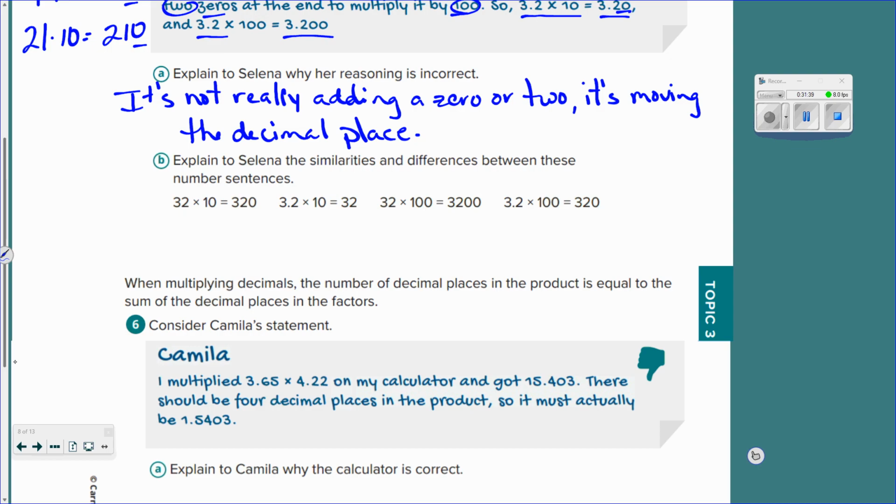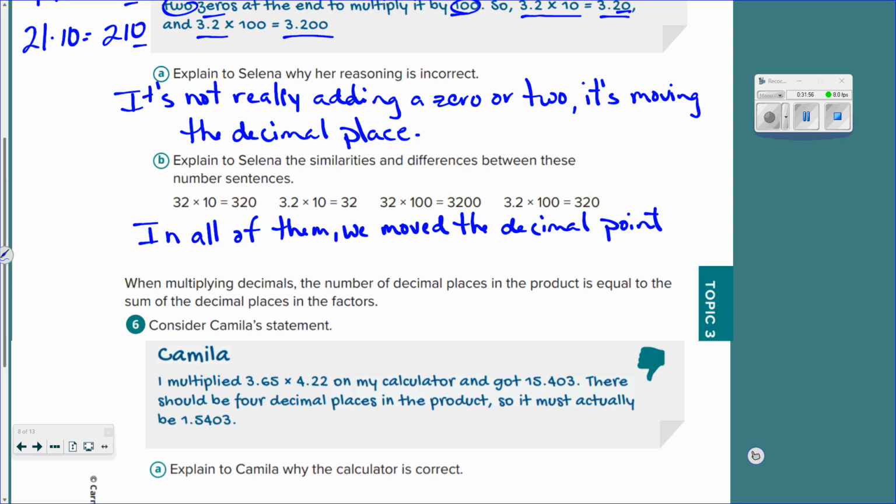In all of them, we move the decimal point by how many zeros we multiply by.